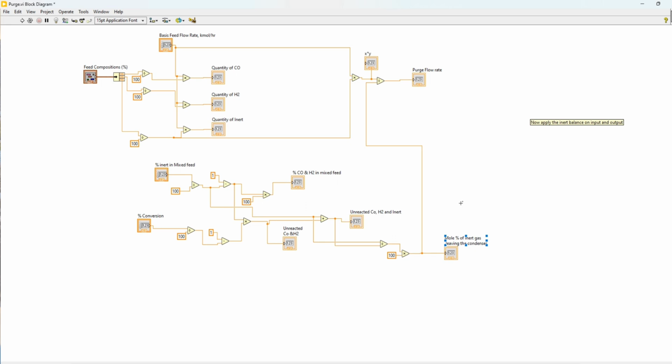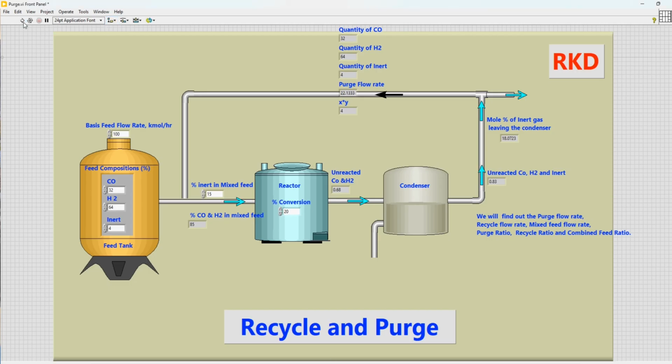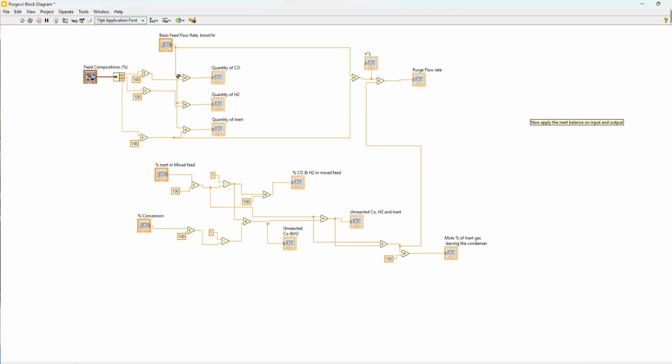Okay, so go back. So from here, this is a percentage. So for that, it should be disconnected from here actually. Okay, now let me check again. So here we are getting this purge flow rate.